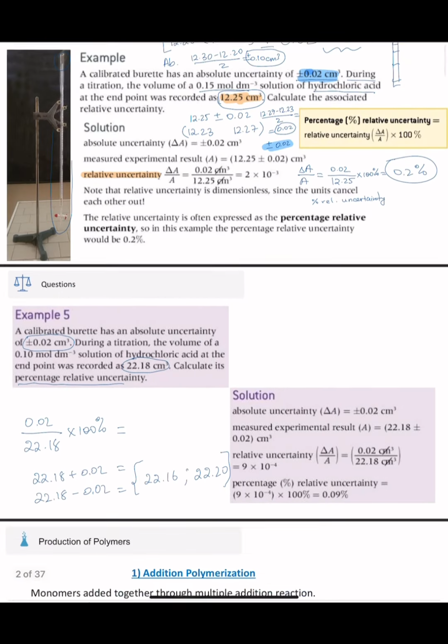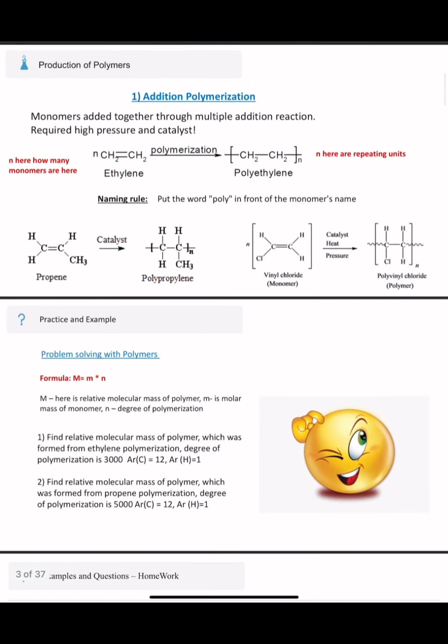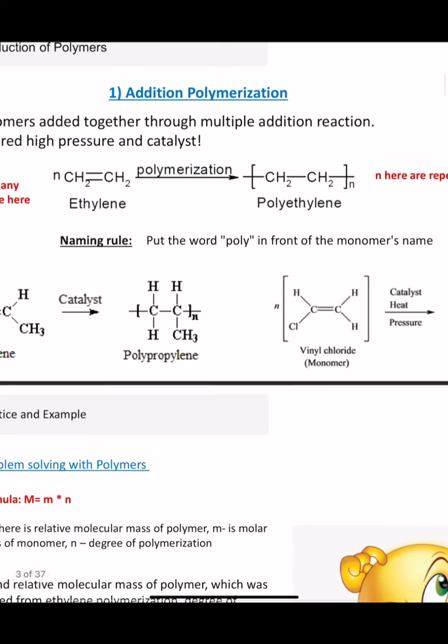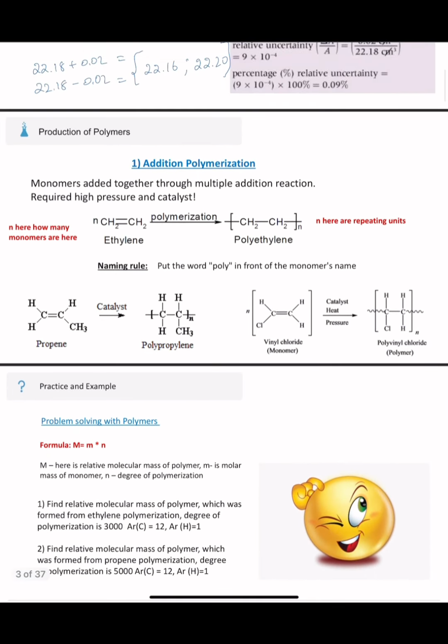Okay, so now that we covered the measurement uncertainty, let's move into polymerization. We have already done this many times, but I just wanted to emphasize there are two ways to polymerize. A polymer is just a long chain of small monomers.